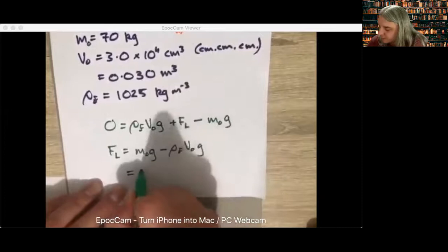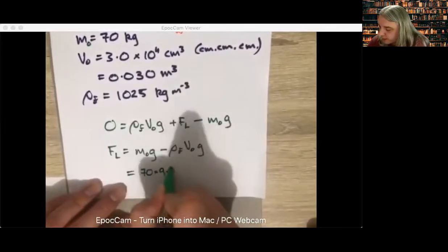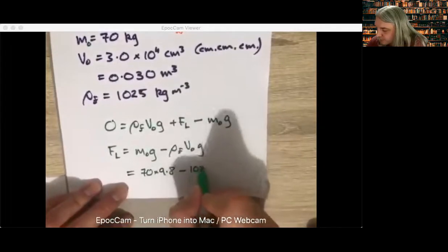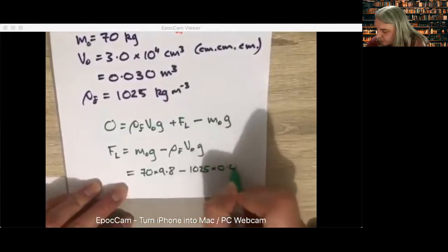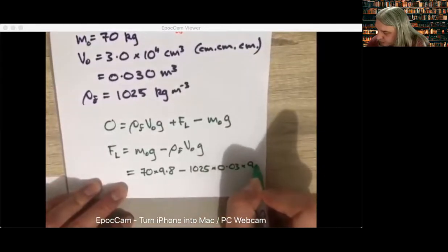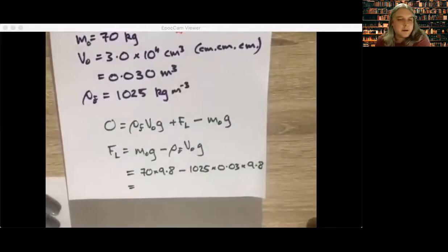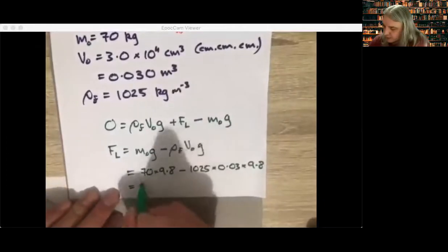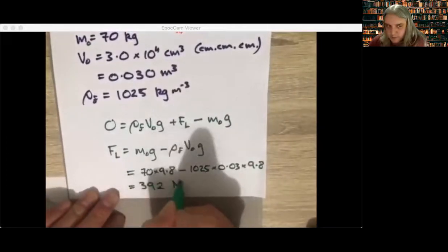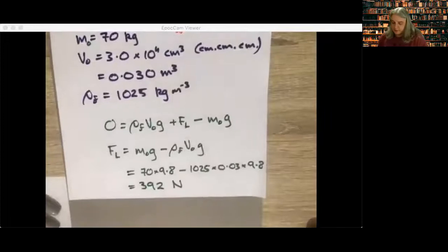So 70 times 9.8 minus 1025 times 0.03 times 9.8. And hopefully you all get out the same value as I do, which is 392 newtons. So you need to lift 392 newtons.